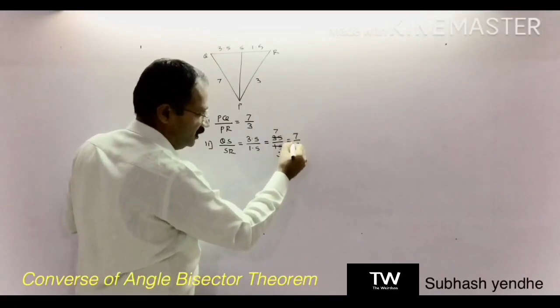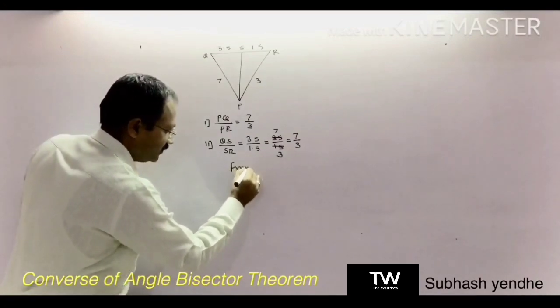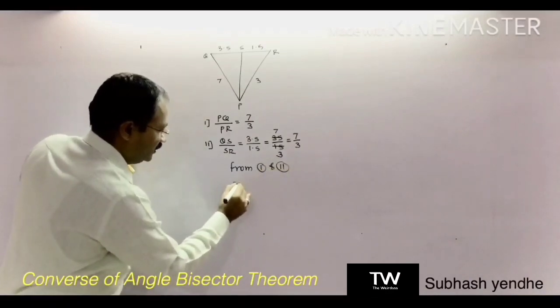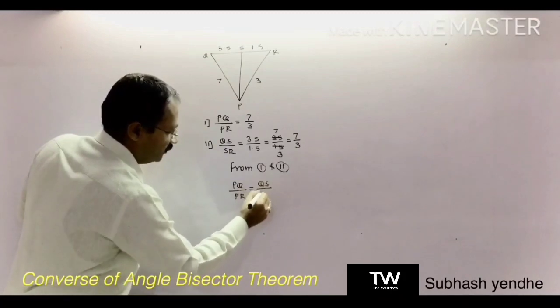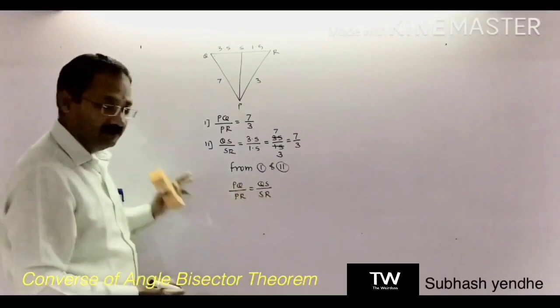So here the ratio is 7 upon 3. So from equations 1 and 2, we get PQ upon PR equals QS upon SR. Therefore, this ratio is the same.